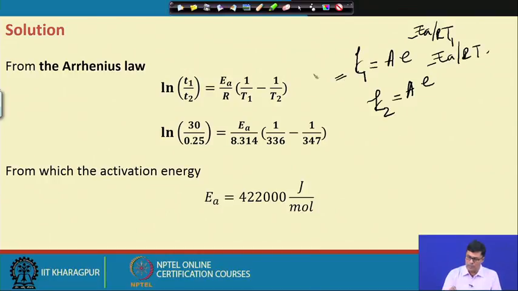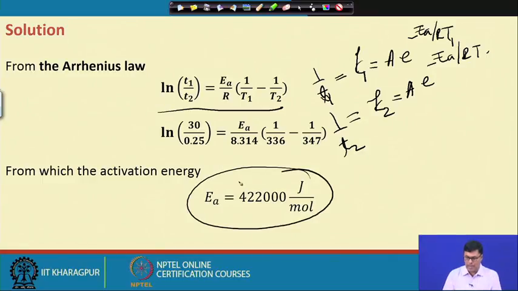Now, this is inversely proportional to time, t1 and t2. Am I right? So, if we solve this, we can get the equation ln(t1/t2) equal to EA by R into (1/T2 minus 1/T1). So, in this equation, if we put the values of time in minutes, then we can easily calculate the value of EA, that is the activation energy required for this process. You can easily find it out.